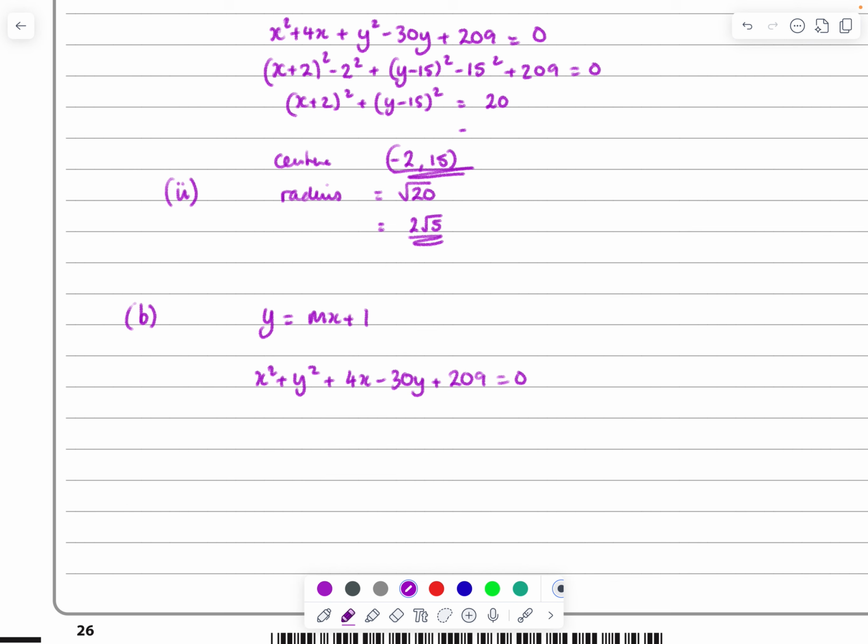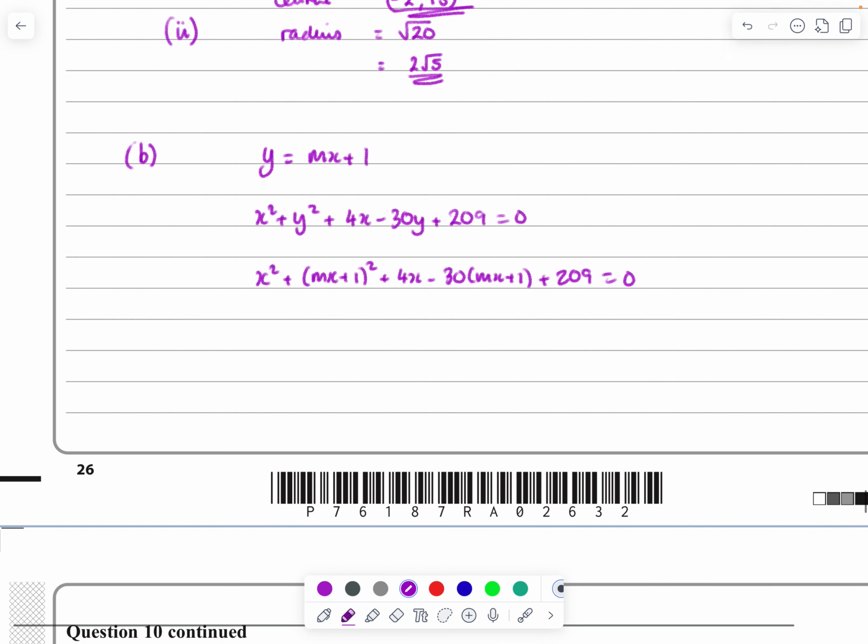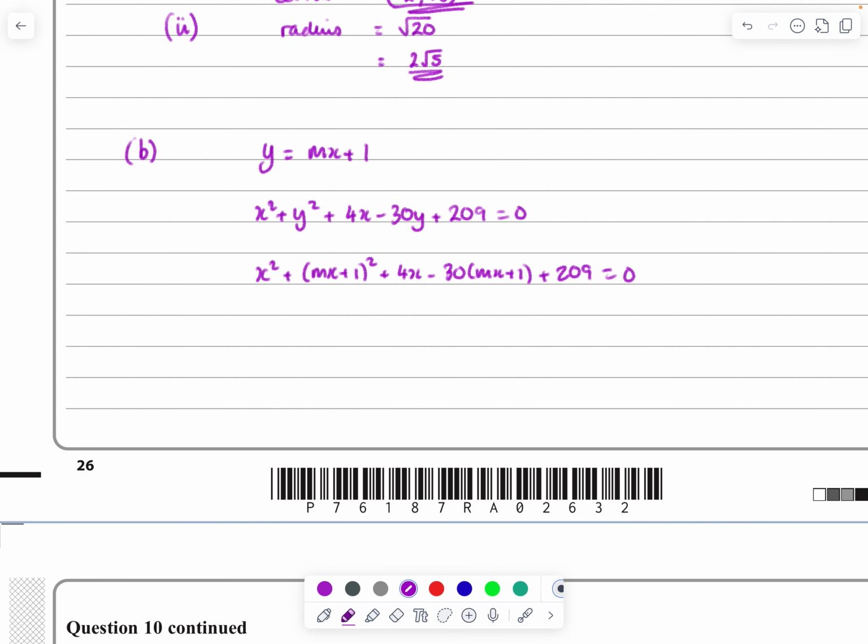So I'm going to end up with x squared plus, and then just call this mx plus 1 squared, 4x, call this mx plus 1 here, plus 209 equals 0. And now I've got to tidy all this up, which is going to take me a little bit of time. So just be careful with it.